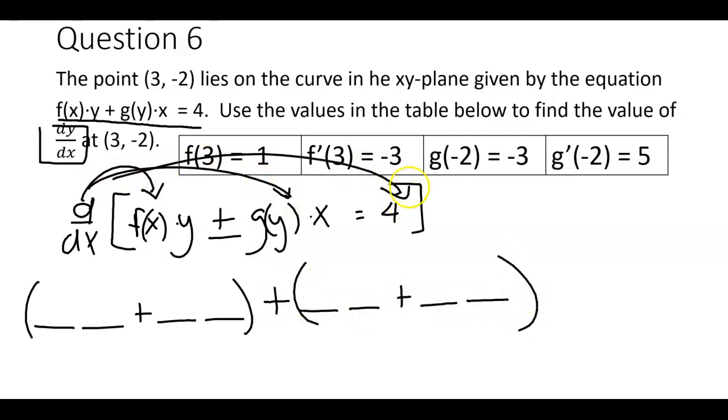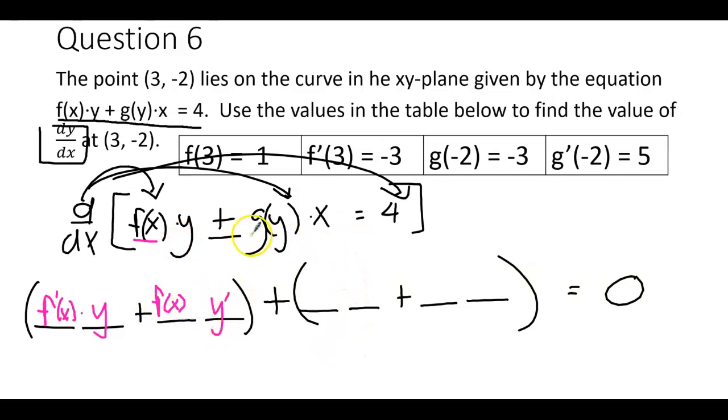And then finally we have equals for the derivative of 4, which is just 0. All right, so let's go ahead and do these product rule derivatives here. So we have f prime times y, and then f times y prime.